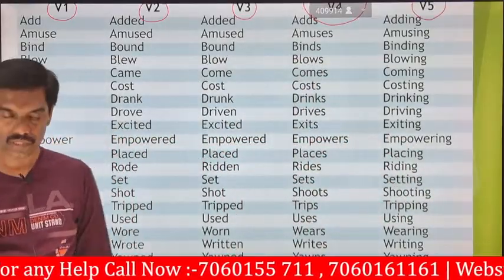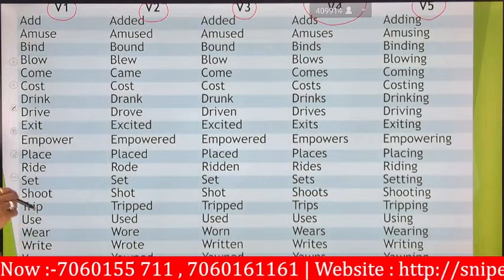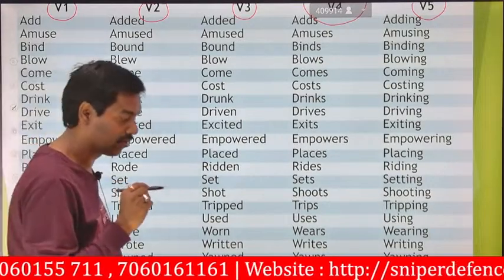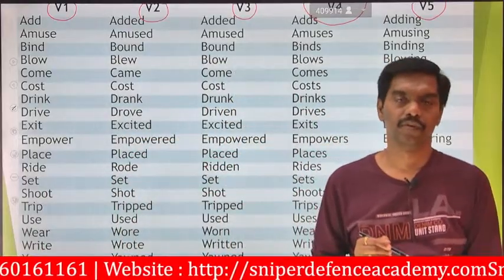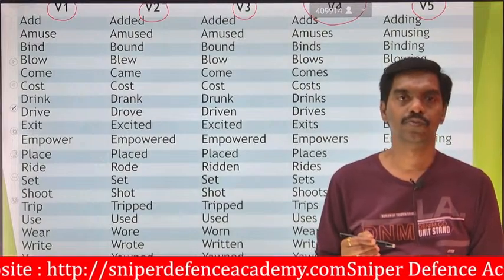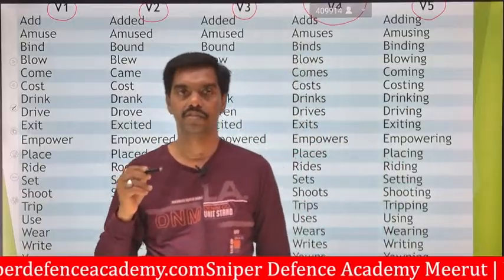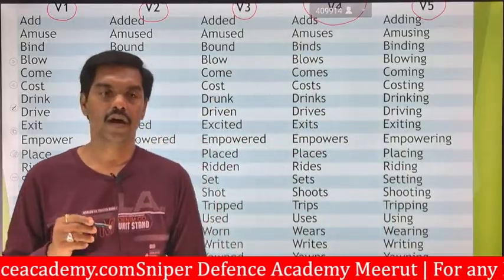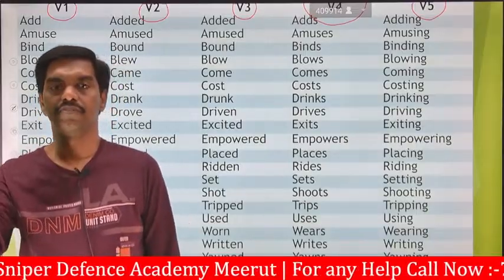So as we know V1, V2, V3, V4, V5, now we are going to select some particular verbs. Okay. And we are going to identify which categories they belong to. Okay. How can we place these verbs in sentences?